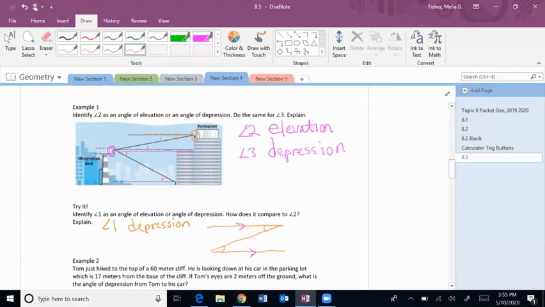So that means that angle 1 and angle 2 are alternate interior angles. And if they're alternate interior angles, then we know that they are congruent.